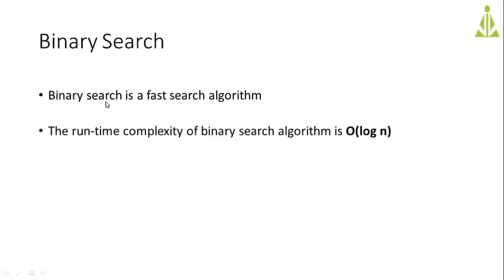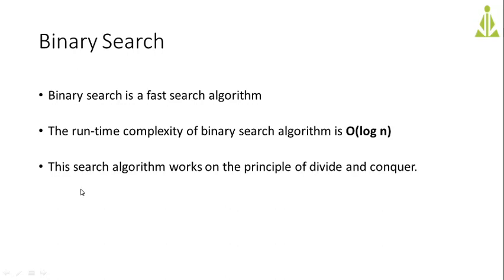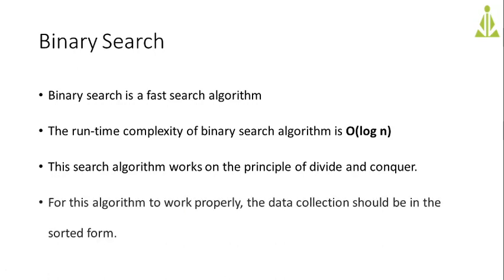The runtime complexity of the binary search algorithm is order of log n. This search algorithm works on the principle of divide and conquer. For the algorithm to work properly, the data collection should be in sorted form.